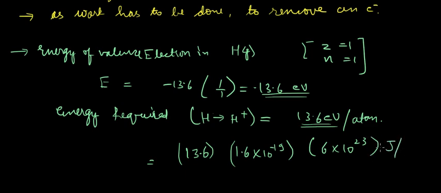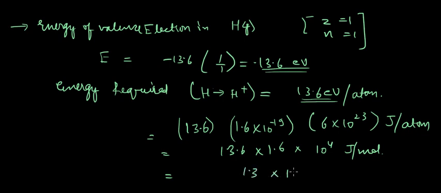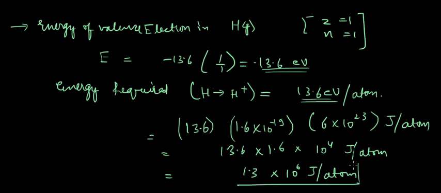So now this electron volt is converted into joule, and per atom would always be there. So it would be 13.6 into 1.6 into 10 to the power 4 joule per mole. It gets converted into 1.3 into 10 to the power 6 joule per mole. Okay, so this much energy is required.